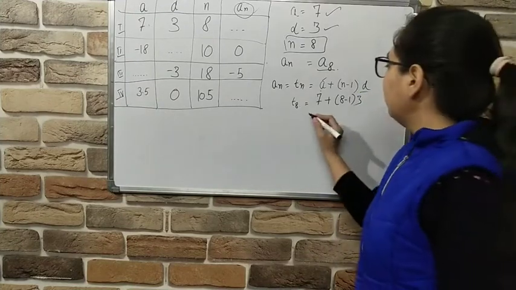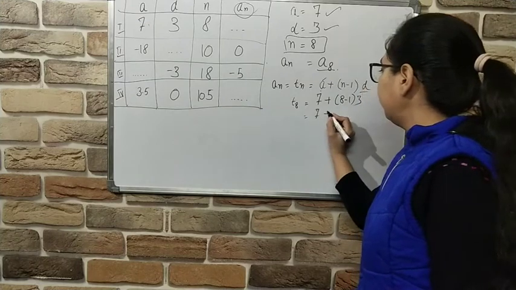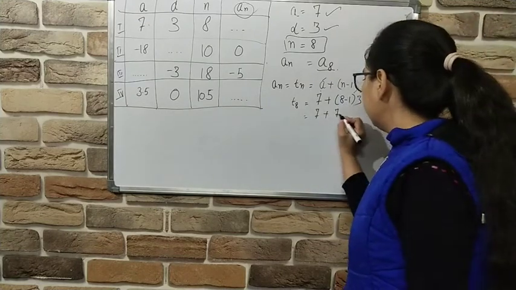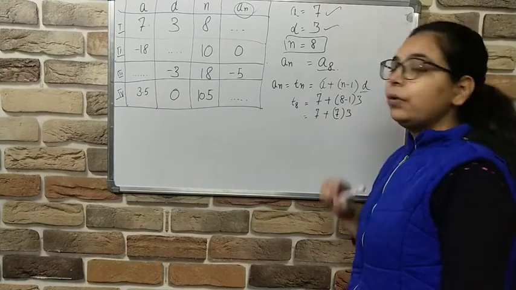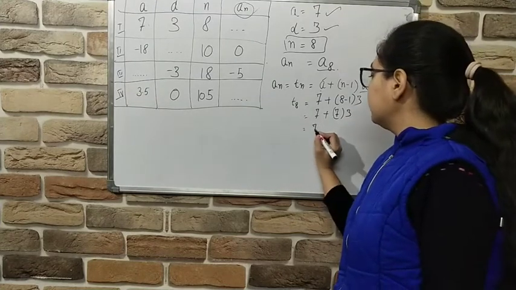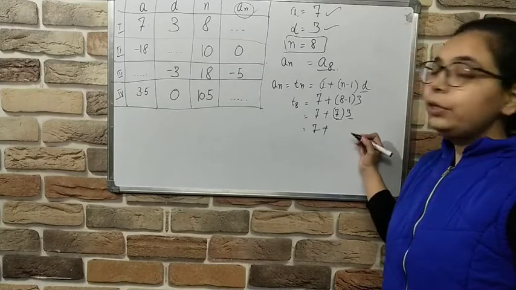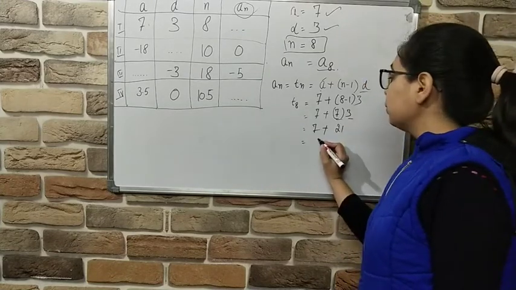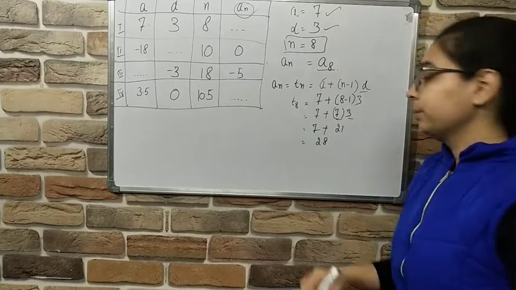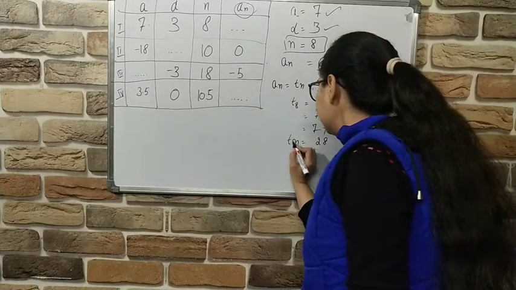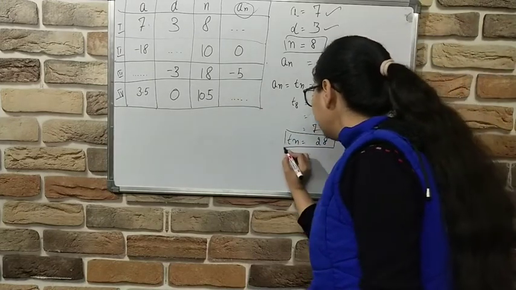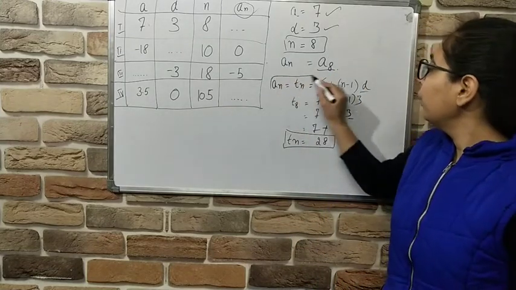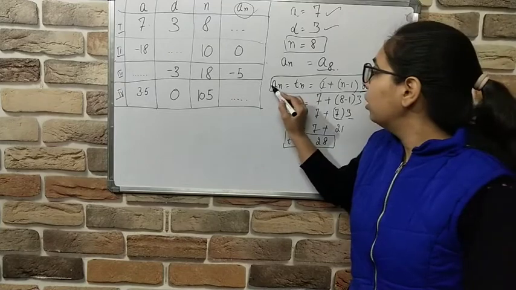Now 7 plus 8 minus 1, which is 7, into 3. Now 7 plus 7 into 3, which is 21, 21 plus 7, which is equal to 28. Now you can understand that we can find any term with the help of this formula, which is known as the nth term formula.